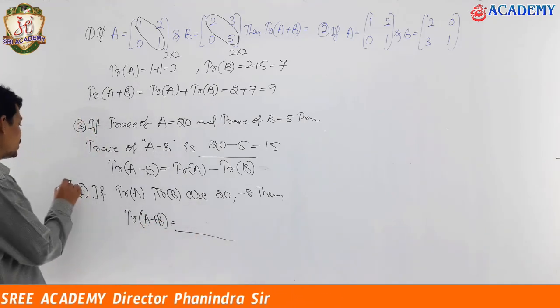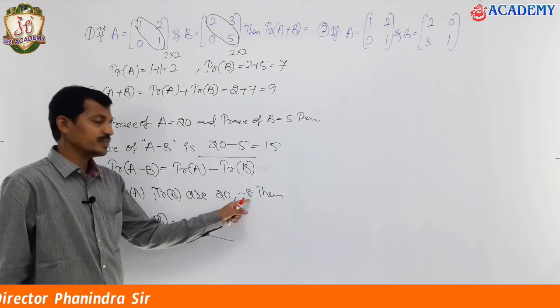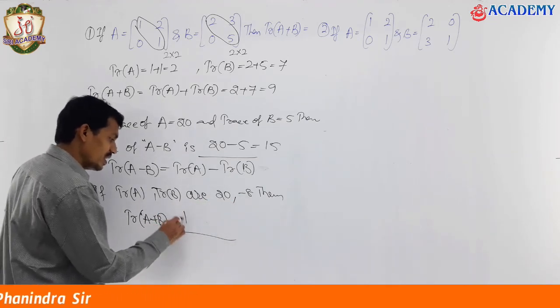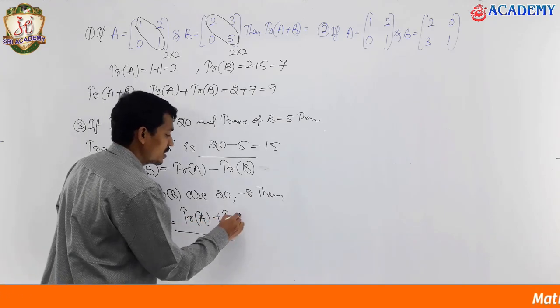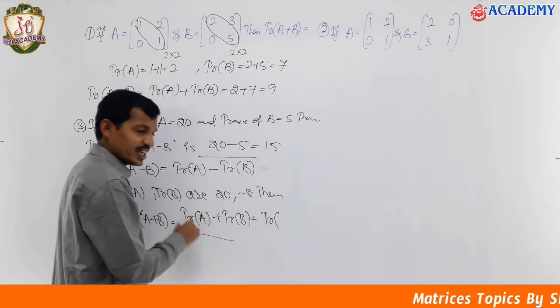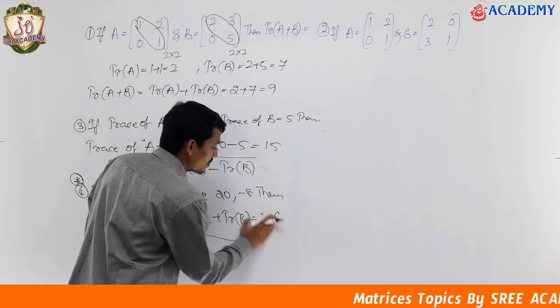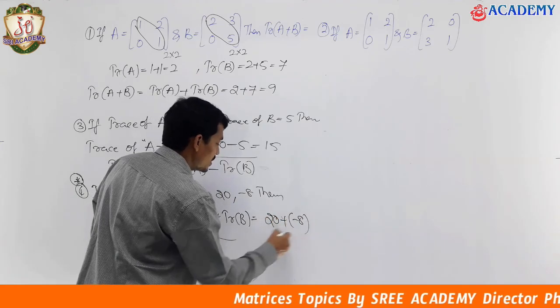This is a previous ECET question. Trace of A is 20, trace of B is minus 8. Trace of A plus B equals trace of A plus trace of B, that is 20 plus minus 8, which is 12.